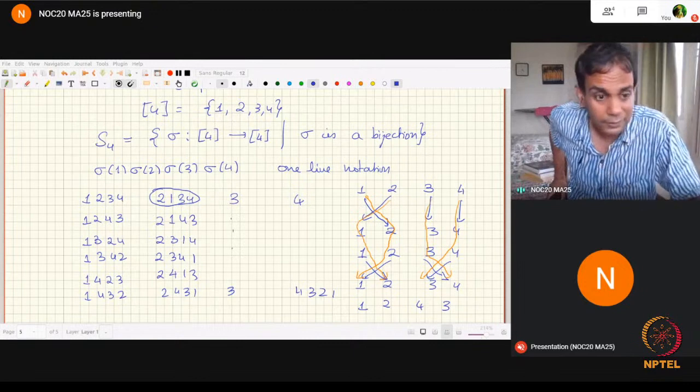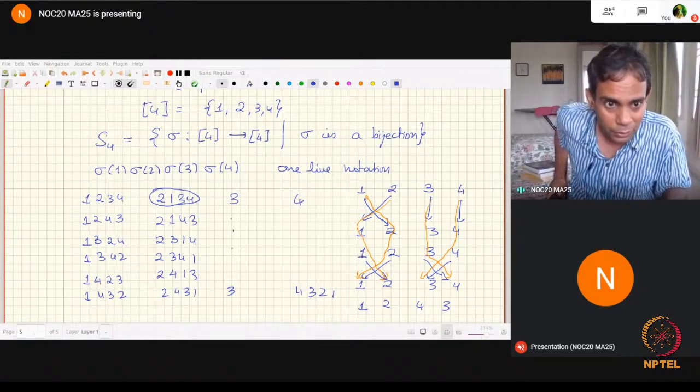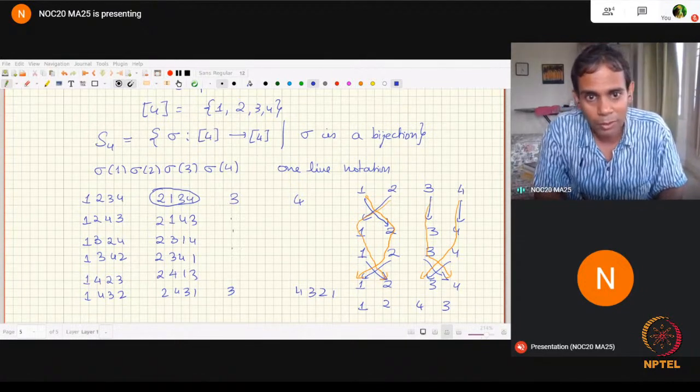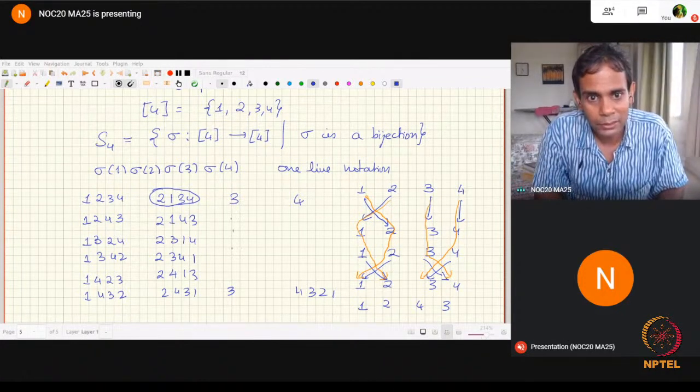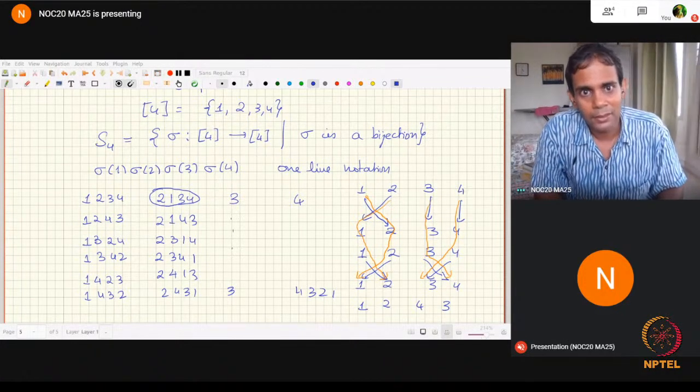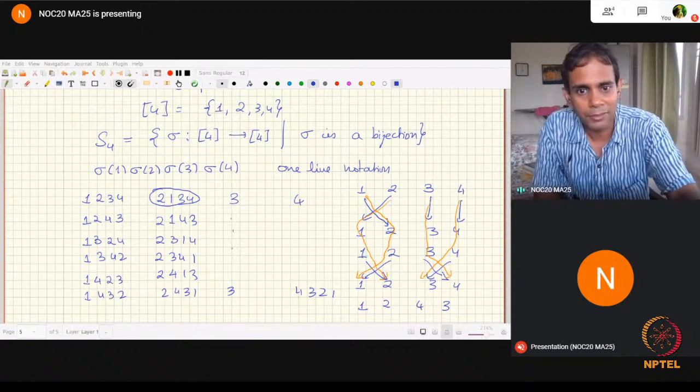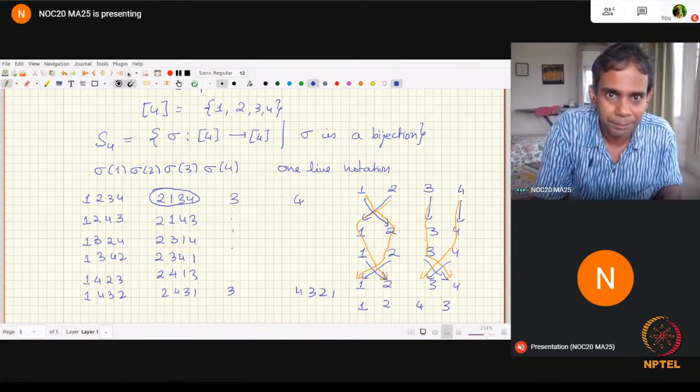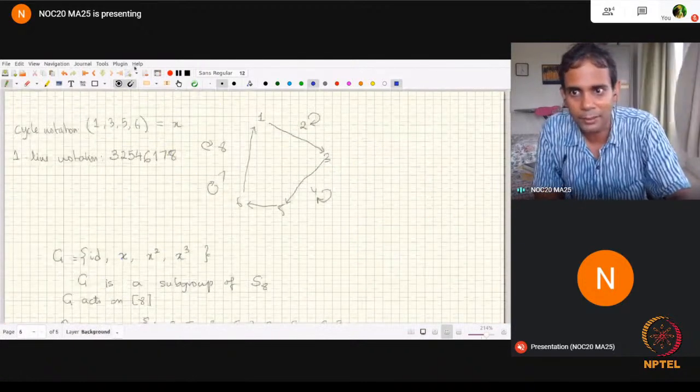Okay, there's a nice question by Preeti Kumari: how many homomorphisms are there from Z20 to Z8? Let's see if we can solve this problem.